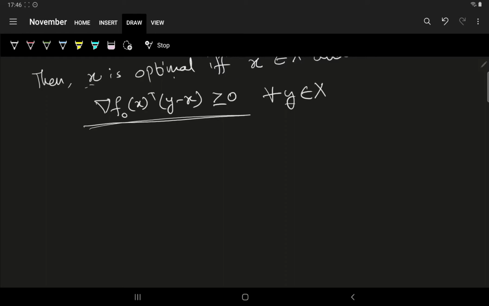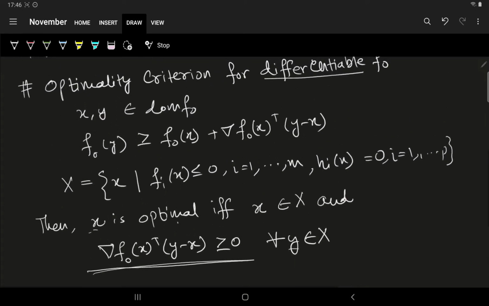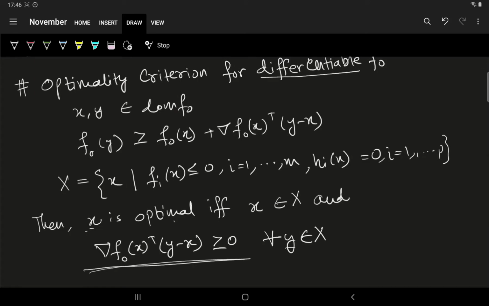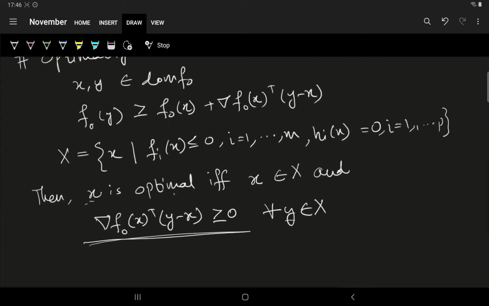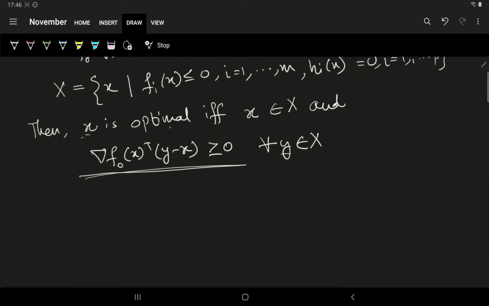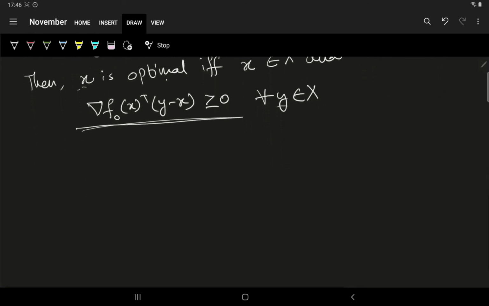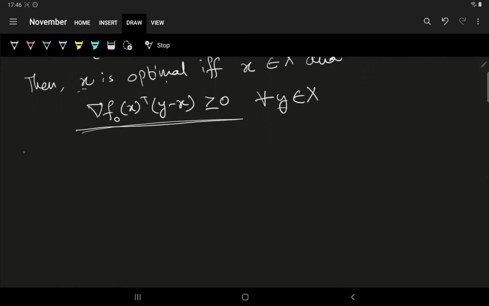We will now see the proof of the optimality criterion. So this is an if and only if condition. Proof.